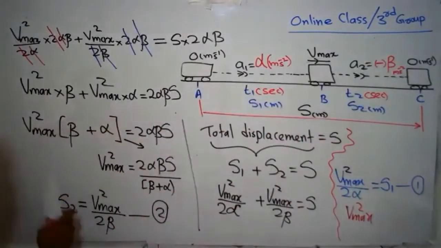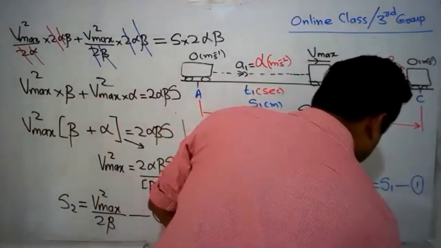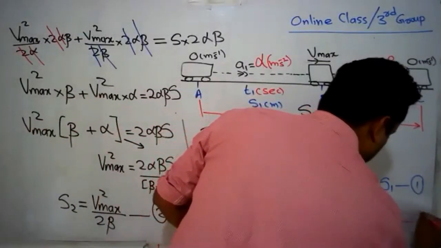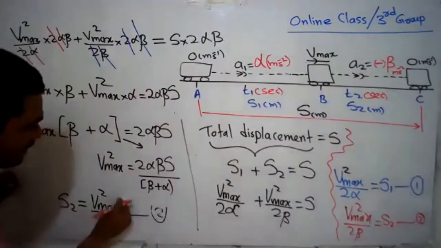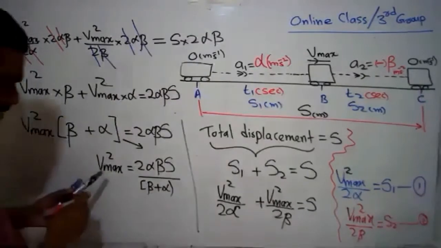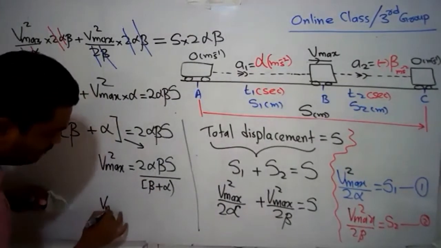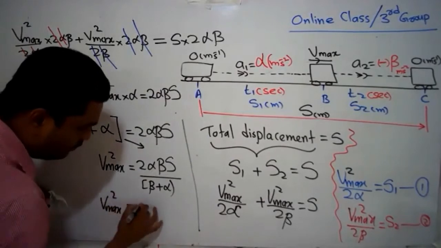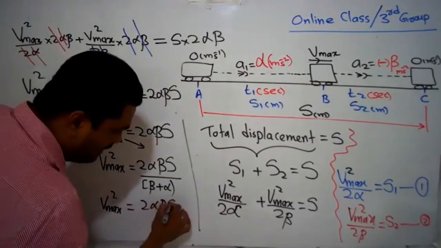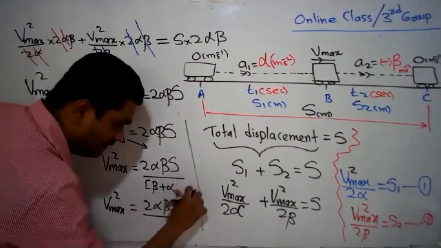So let me write this term here so I can erase it. Right, now look at the board. Now we have the answer. One more step: V max square equals 2 alpha beta S divided by beta plus alpha.